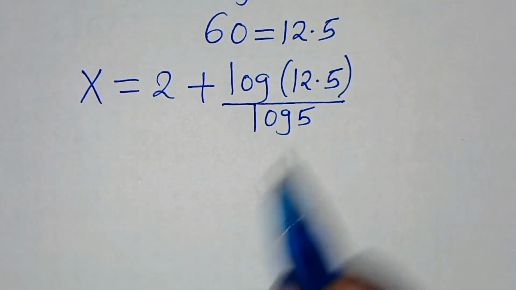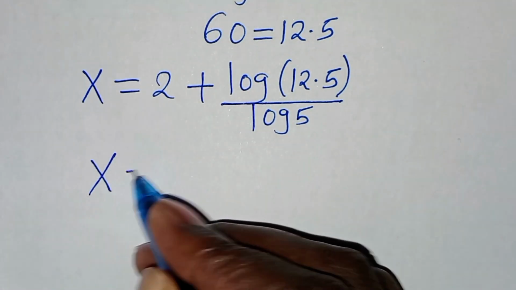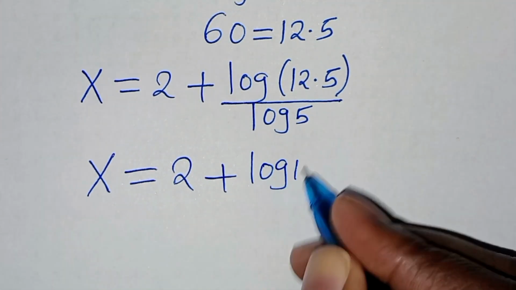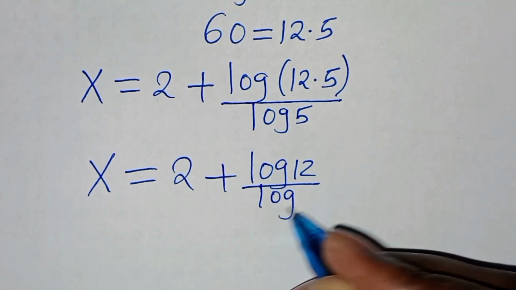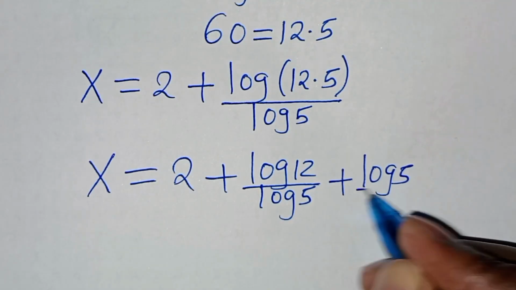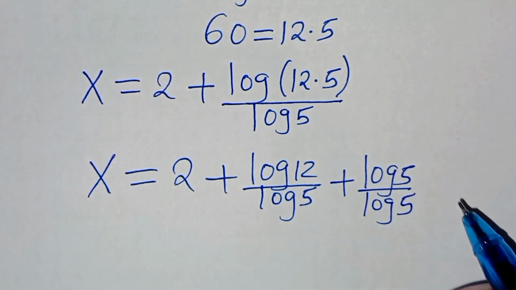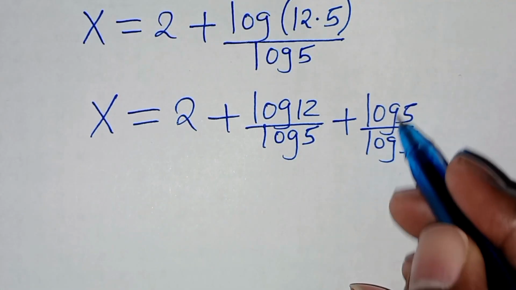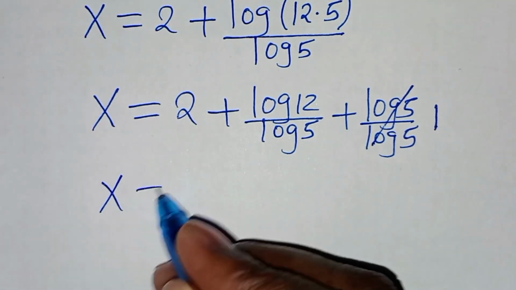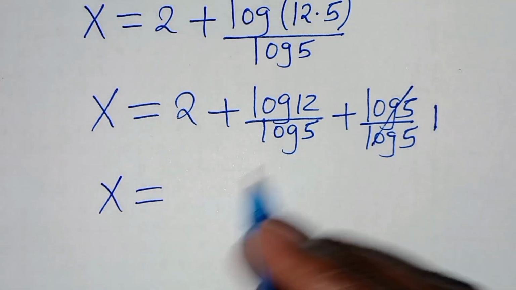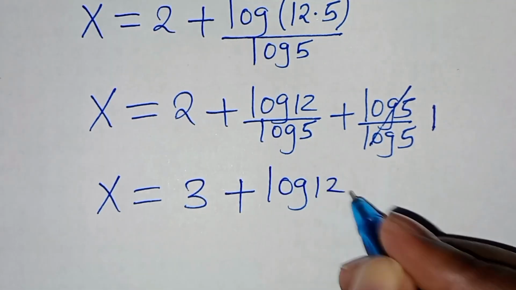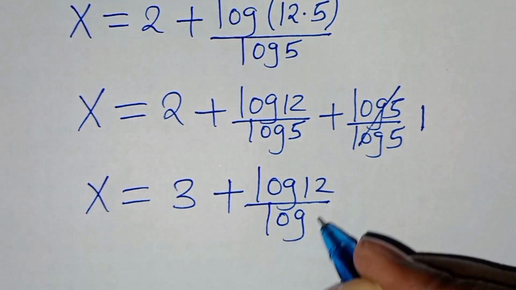Applying that property, x is equal to 2 plus log 12 divided by log 5, plus log 5 divided by log 5. Let's simplify here. Log 5 and log 5 simplify, so this is 1. So x is equal to 2 plus 1, this is 3, plus log 12 divided by log 5.